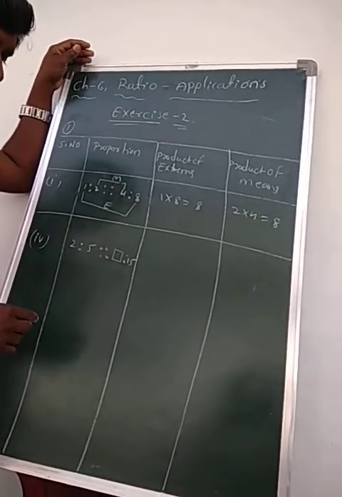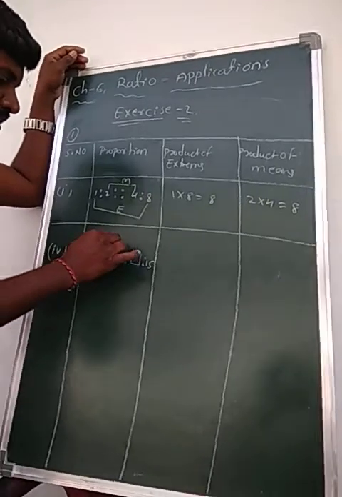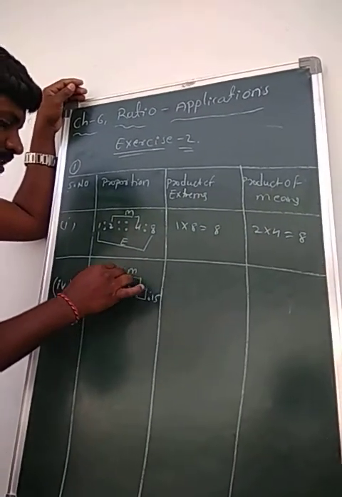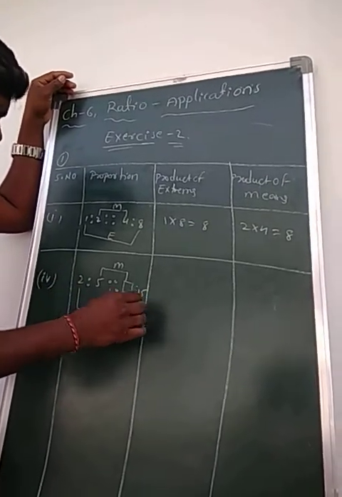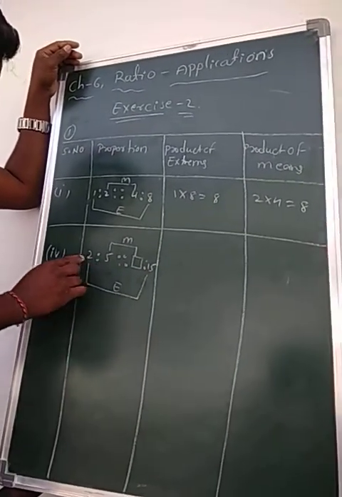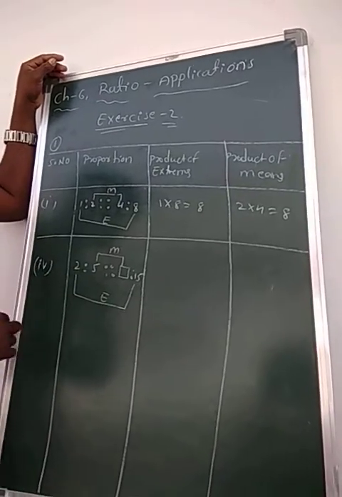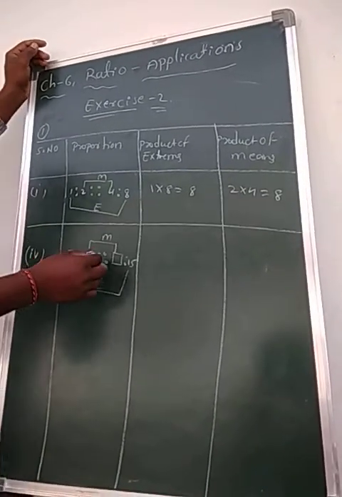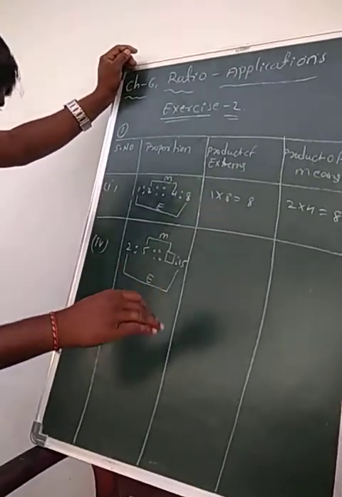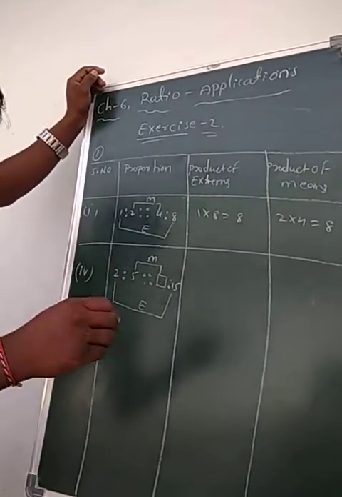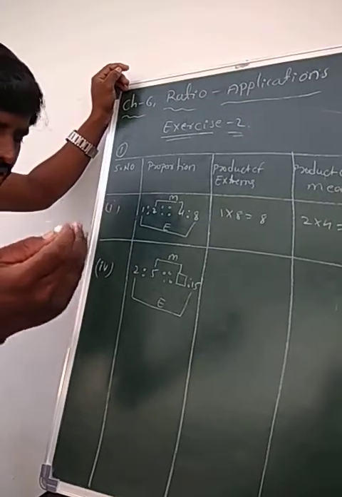Product of means are the middle ones, and product of extremes are the first one and fourth one. So what is the formula? Product of means is equals to product of extremes.